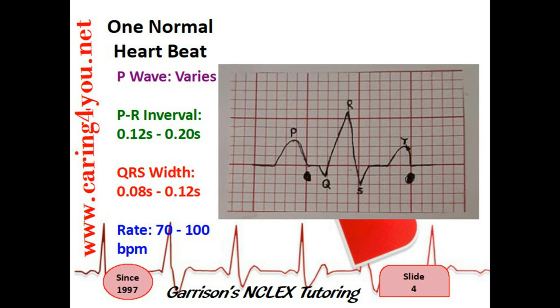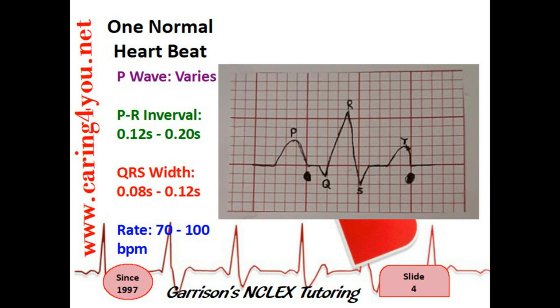Now, how do we count? This is how you figure out the rate. You know the rhythm, boom, boom, boom, boom. How do you figure out the rate? Simply all you do is count the peaks or count the R's. Here in this picture, there's only one R, but usually there's more than one R, of course. So with bradycardia, which is less than 60, there might be 3 R's or 6 R's, right? 30 beats per minute.